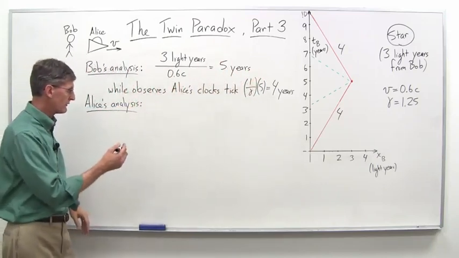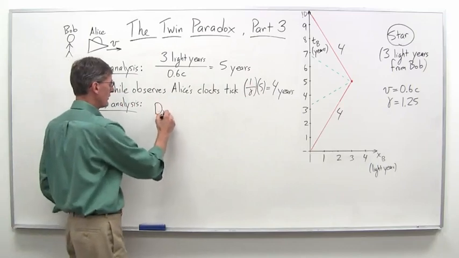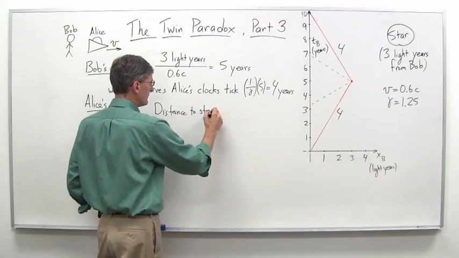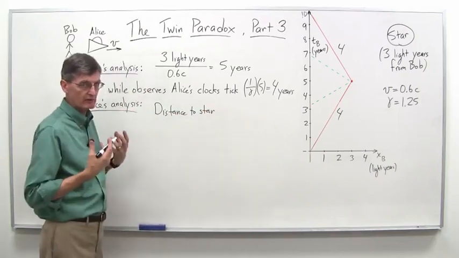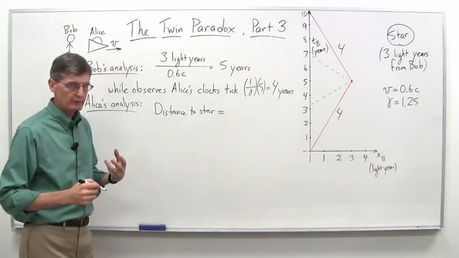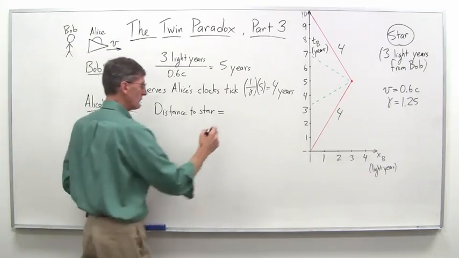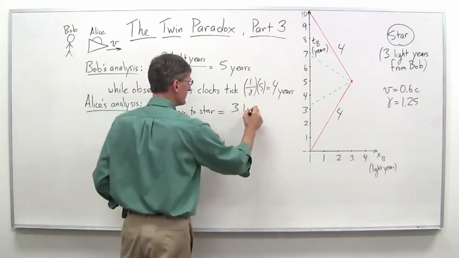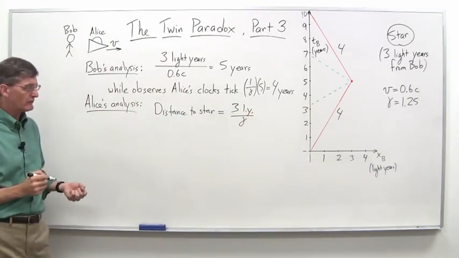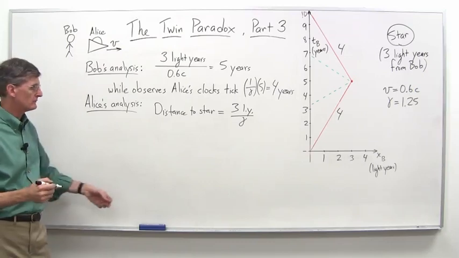In her frame of reference, the distance to the star, or really we should say the distance the star travels to get to her, from her perspective, is going to be 3 light years over gamma. 3 light years divided by gamma, which is 1.25.